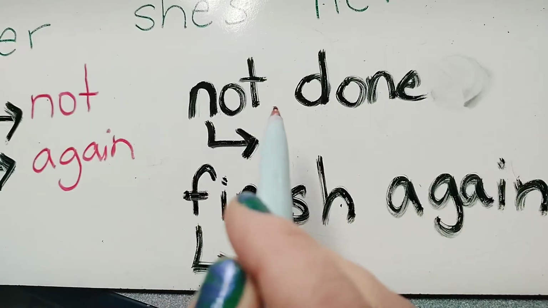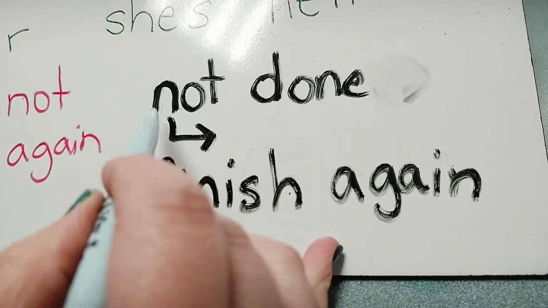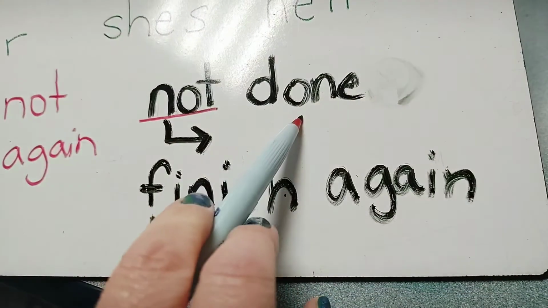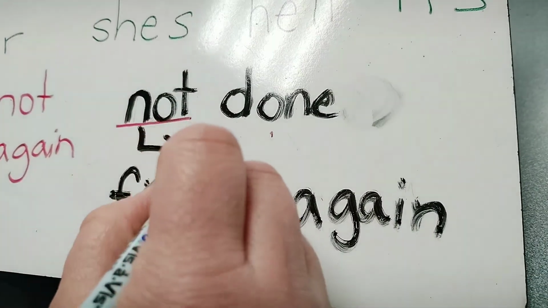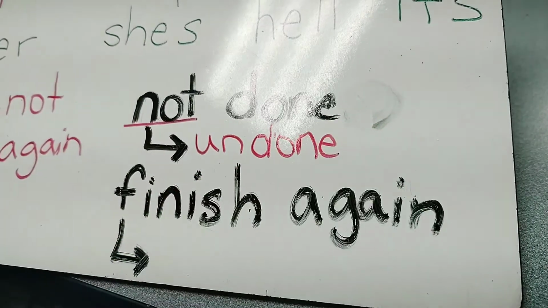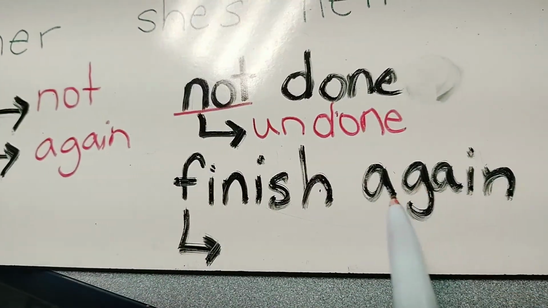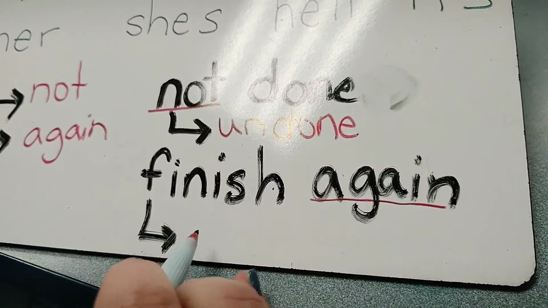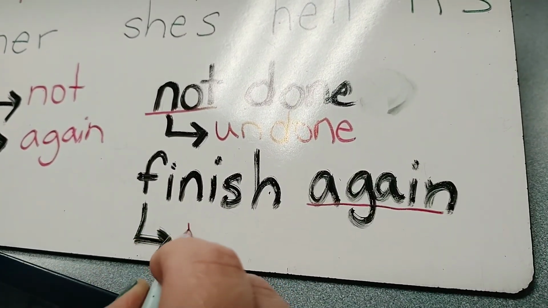Okay, so if I have the phrase not done, okay, not, it's undone. Not done is the same as undone. Okay, finish again. Well, I see the word again, so it's re, and this is in the front. Remember, it's a prefix. Refinish.